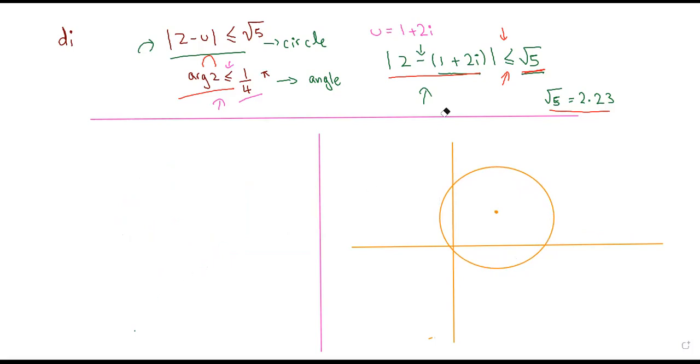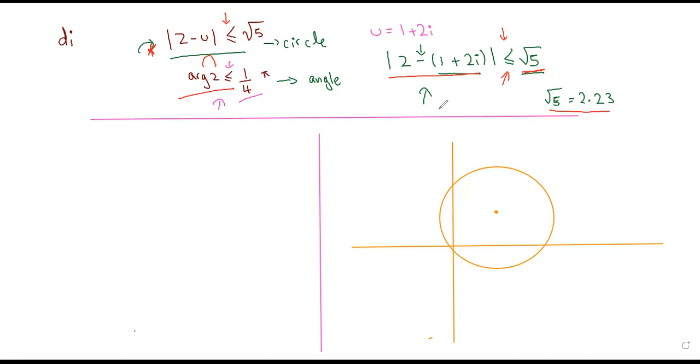Just know that this inequality, the one with which I made the star, is basically the inequality for the circle. The points that this inequality includes are all the boundary points of the circle, because we have less than and equal to. And less than means all the points that are inside the circle.